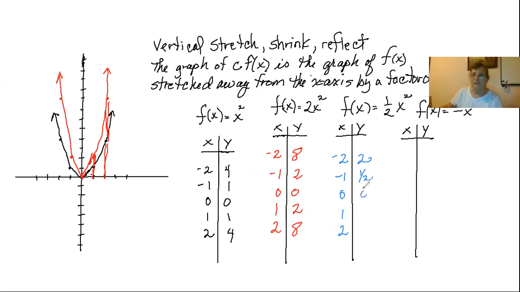Well, half of nothing is still nothing. Plugging in the 1 also gives me a 1/2, and the 2 also gives me a 2. So I've still got 0, 0 here. But now my 1 and my -1 each give me 1/2. And my 2 and my -2 each give me a 2. So now I've got a little short fat graph.